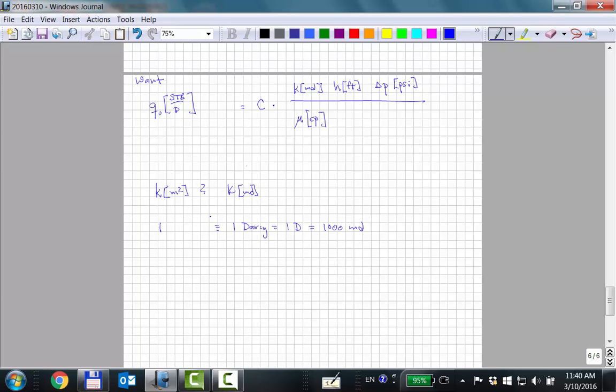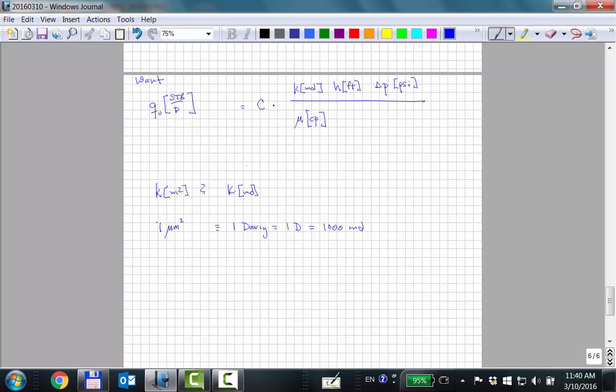They've made it exactly equal to, even though it's not exactly equal to, they just say that it's okay to forget the 3% error, because permeability ranges over so many orders of magnitude. If it's off 3%, good enough. So they basically say that 1 Darcy is exactly equal to 1 micrometer squared.